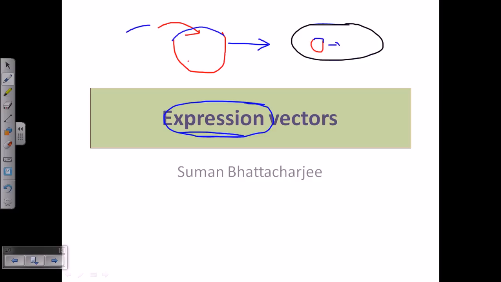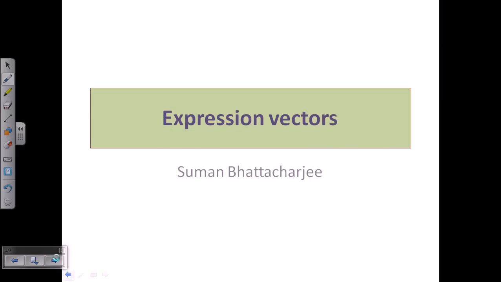That means we need to make mRNA from there, and we need to make proteins by translating this mRNA, right? So we need to make this protein inside the cell, and we can achieve this by the expression vector. So that is the difference between an expression vector and a cloning vector.